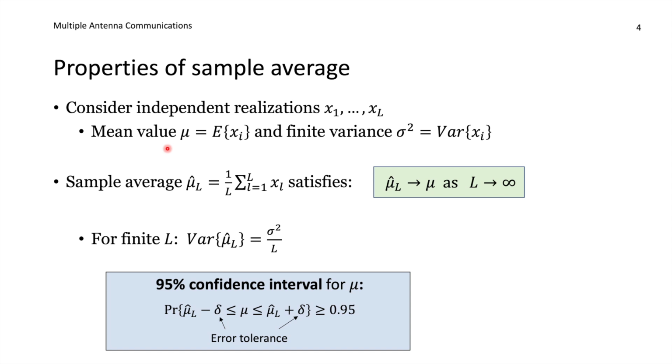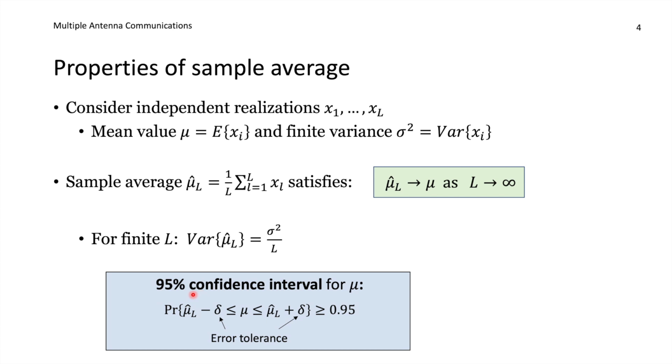But if we don't know the mean value but compute the sample average, we would like to know how far away is mu. And we can't know that exactly, but we can create a confidence interval. For example, the 95% confidence interval, which is defined like this. You take your sample average and you deduct some kind of error tolerance, and then you add some kind of error tolerance, and then you say that the true mean value lies between these two numbers with a probability that is larger than 0.95.